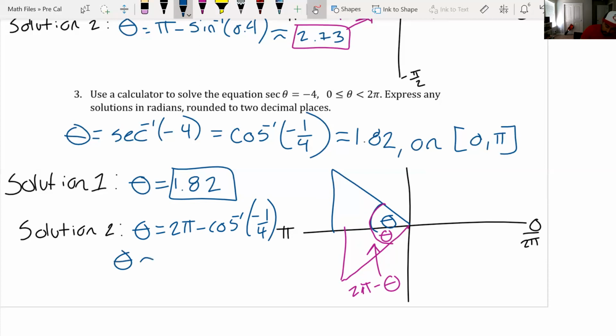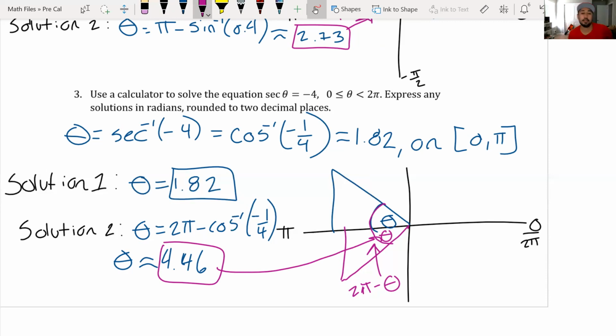And that should give me 4.46. This represents that angle. And that's it. See, a little tricky.